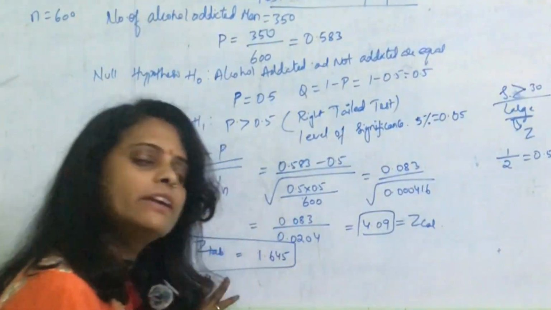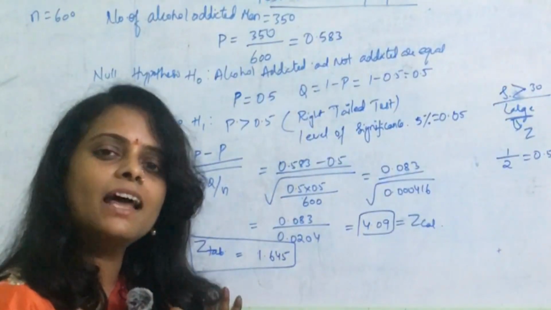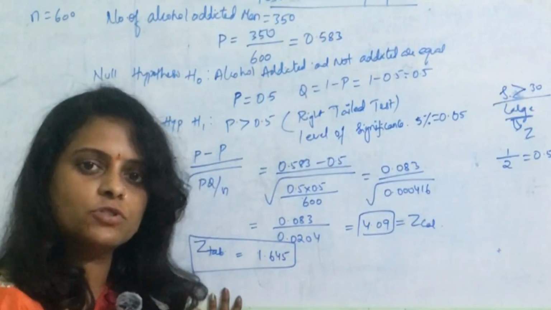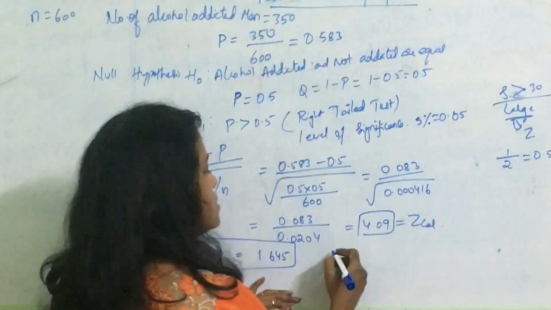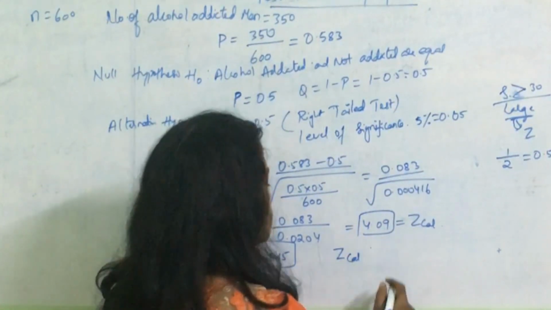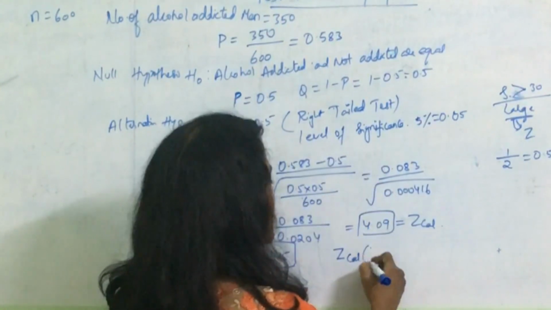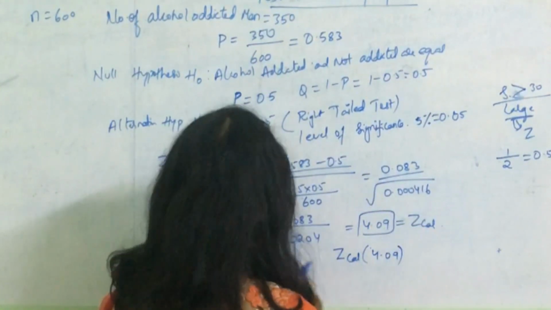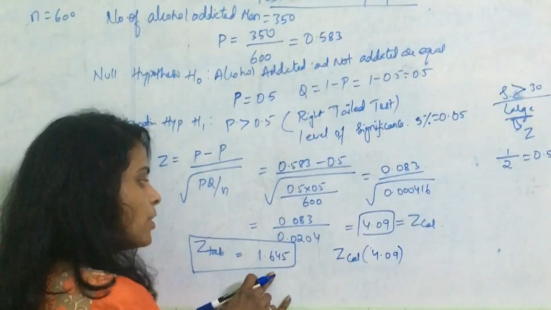So how will we know whether the null hypothesis has been accepted or rejected? That we have to check. So how to check that? The z calculated value, what is it here? Write down the value, that is 4.09. What is the table value? 1.645.